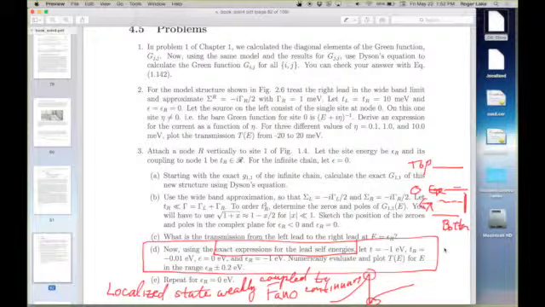A localized state weakly coupled to the continuum. It shows up in optics, and this is the problem Fano was working on. It shows up in some localized d state weakly coupled to some band of states, and you always get this kind of shape to the transmission.